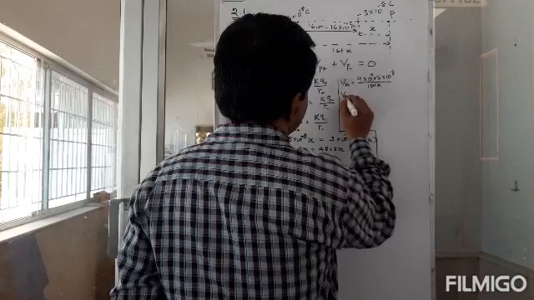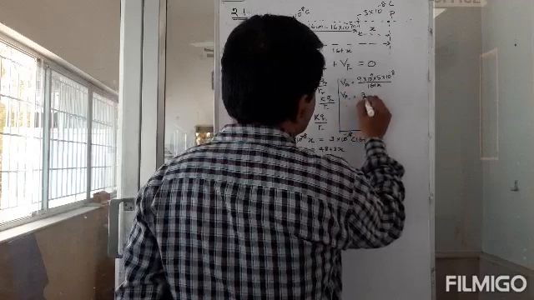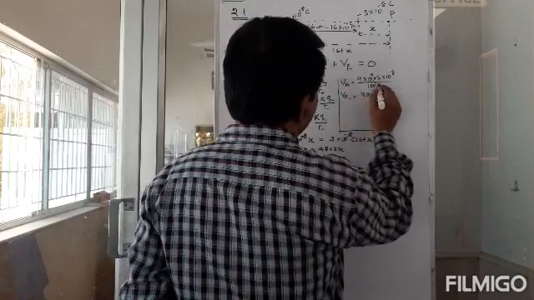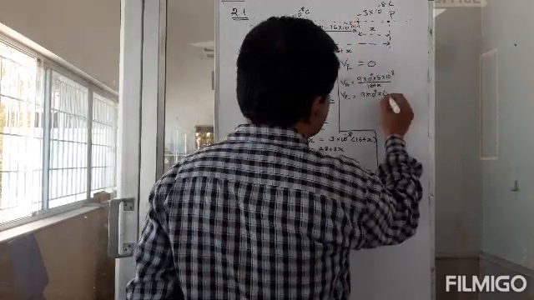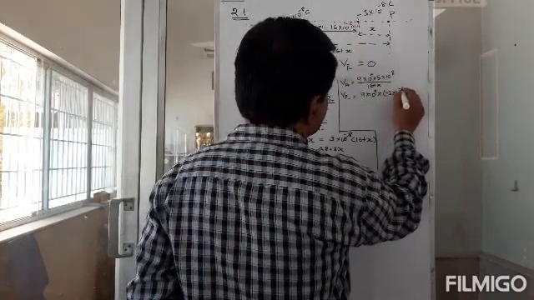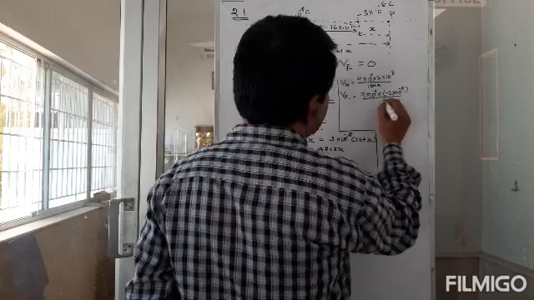And Vp minus is the same, 9 into 10 power 9 into minus 3 into 10 power minus 8 by x.